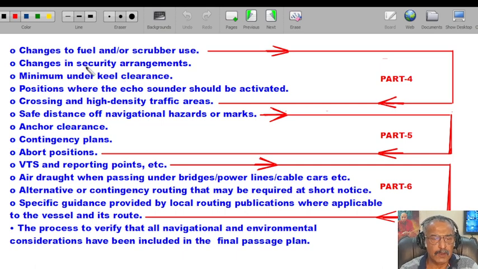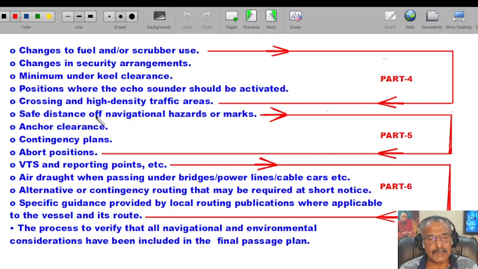Changes in security level, minimum UKC, under keel clearance, for which I have already broadcast my last lecture 52, which I will be reposting on this platform in part number 4. And positions where the echo sounders should be activated, crossing and high traffic density areas, all this will be part and parcel of part 4.